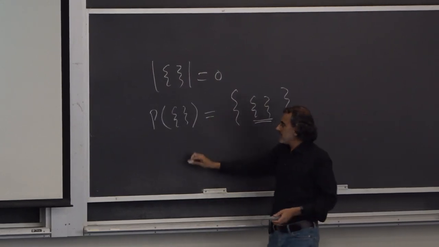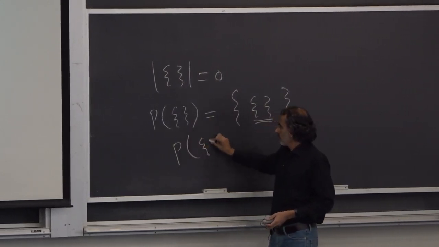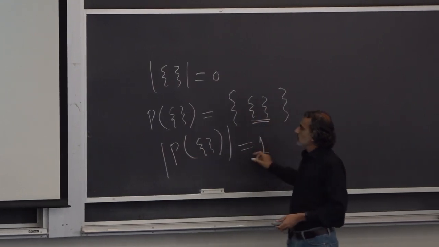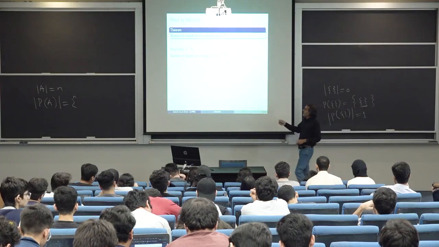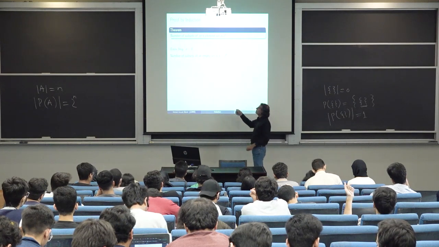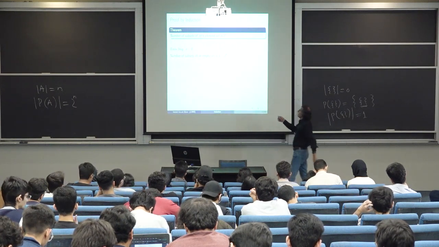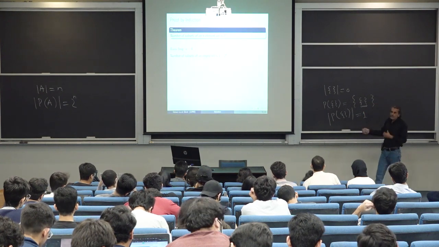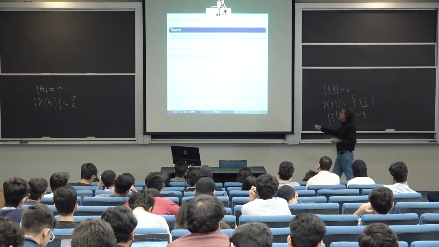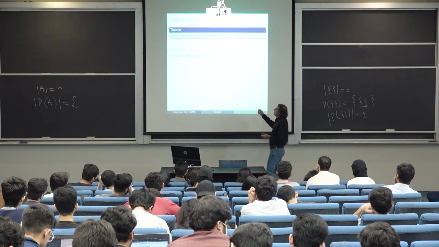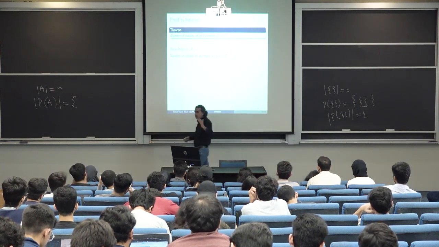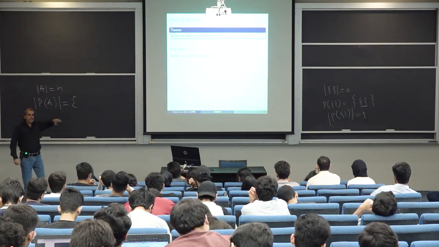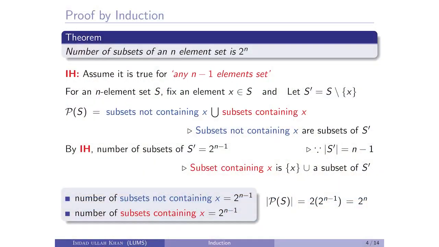So there are 0 elements, n is 0. So the number of subsets is 1, and if you look back at the given statement, number of subsets in a 0 element set is 2 raised power 0. So base case establishes that given statement. So the first part of our conjunction is true, that it is true for P naught.